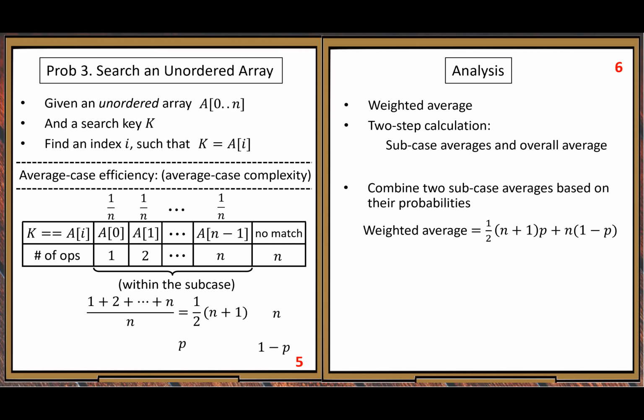The number of comparisons for the second subcase, multiply its probability as its weight. So this number is the weighted average. So at the end, we write this formula.